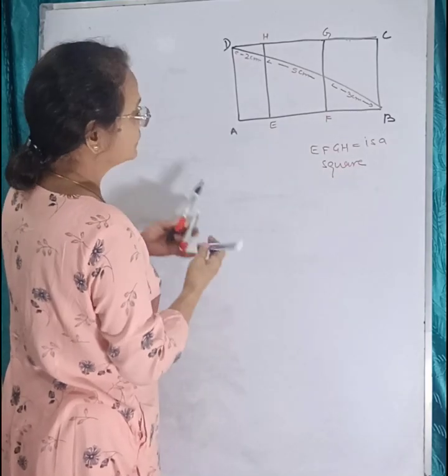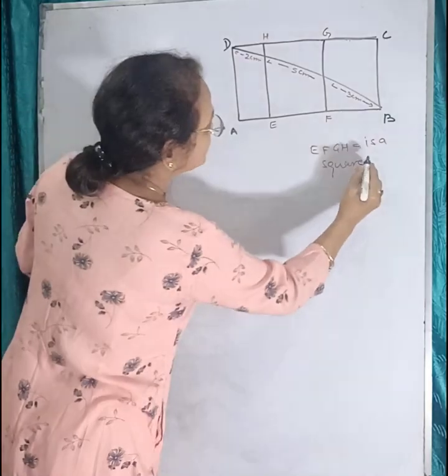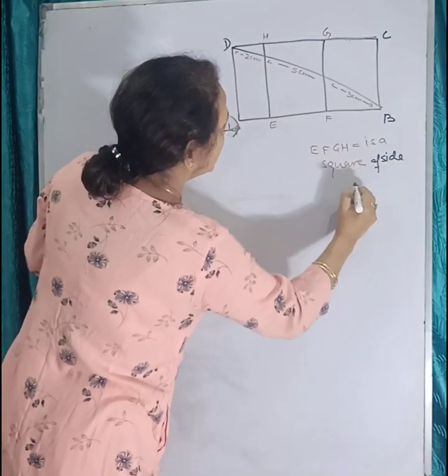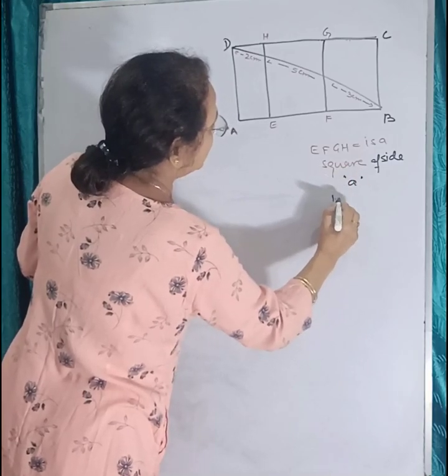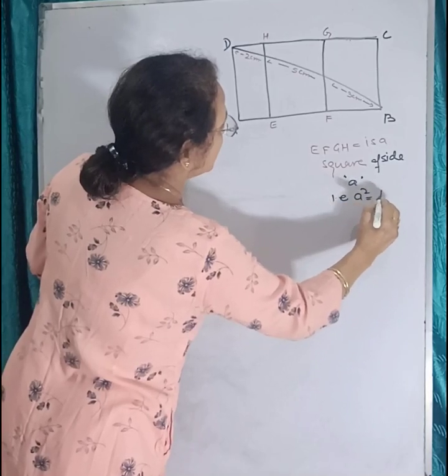Square with side A. It means the area is A square.